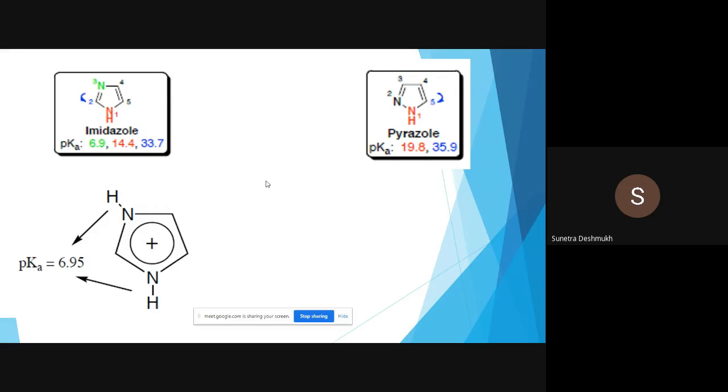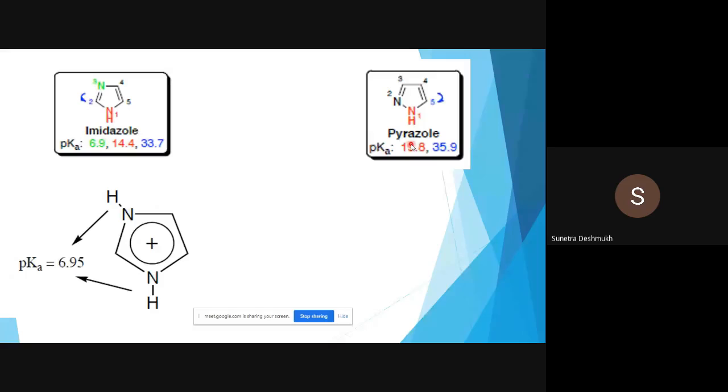There are two nitrogen atoms in both heterocycles. Okay, so one is the NH hydrogen, which is at the NH group, and the atom at the third position in imidazole, and in pyrazole you can see N single bond N here.